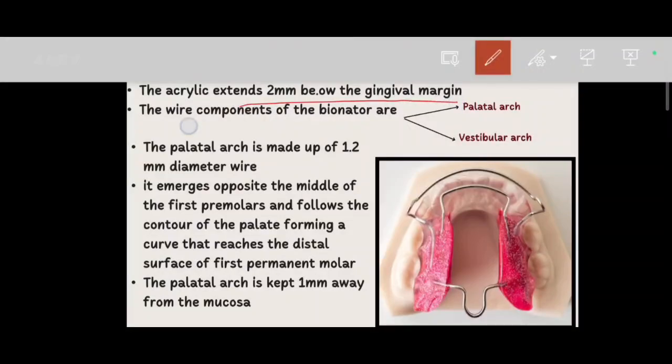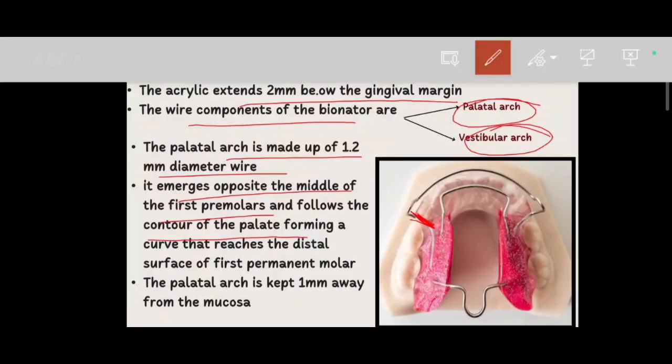Now comes the most important exam question, that is the wire components. The two main wire components are the palatal arch and the vestibular arch. The palatal arch is made up of 1.2 mm diameter wire. It emerges opposite the middle of the first premolar, then follows the contour of the palate, forming a curve that reaches the distal surface of the first permanent molar.